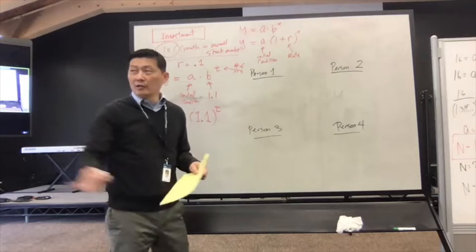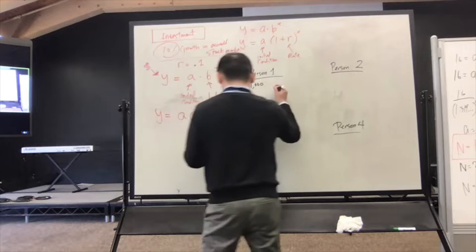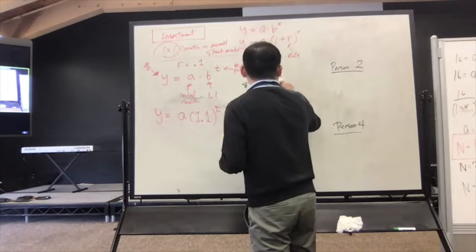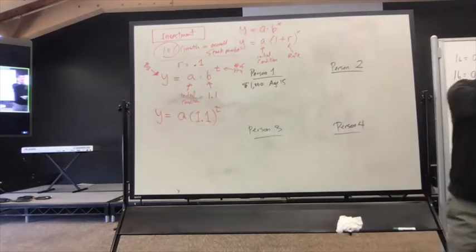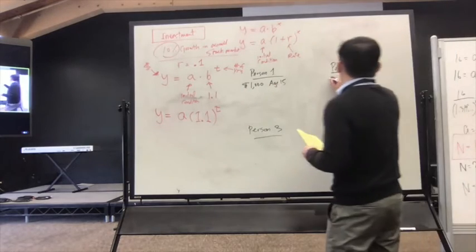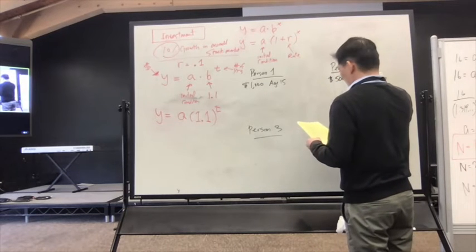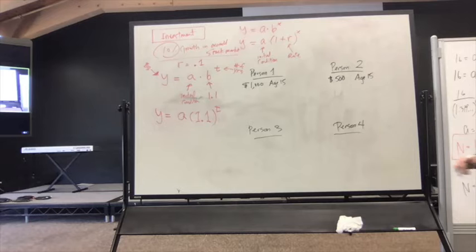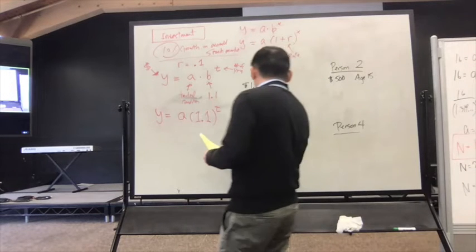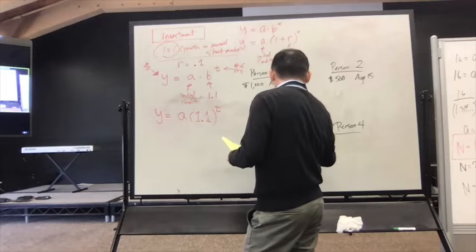You guys decided to invest $1,000 at age 15. You guys decided to invest only $500, but also only at age 15. You guys, person 3, you invest $1,000, age 15.